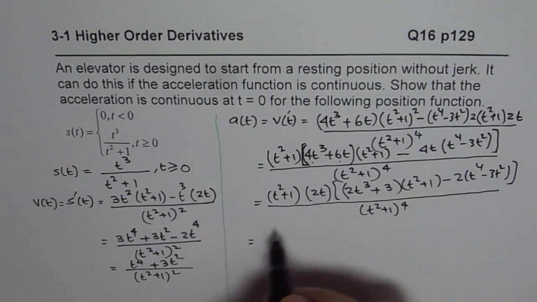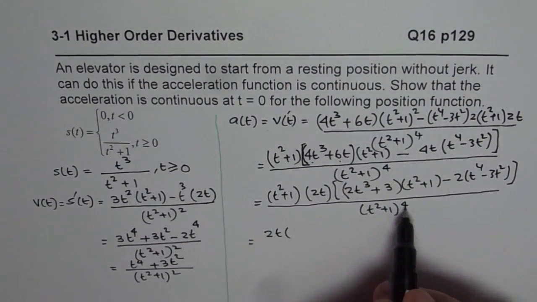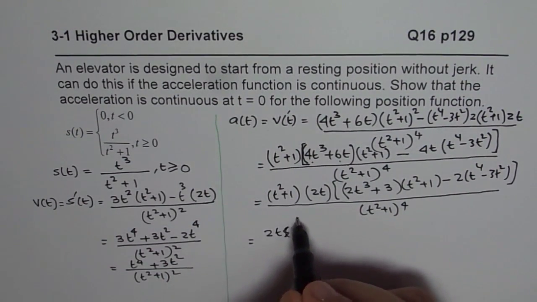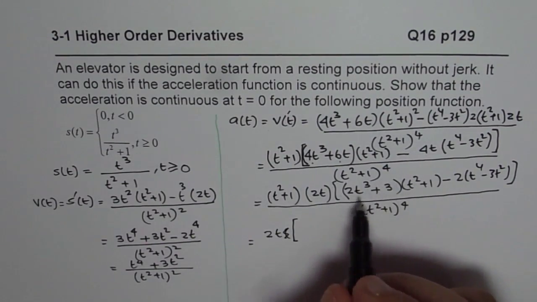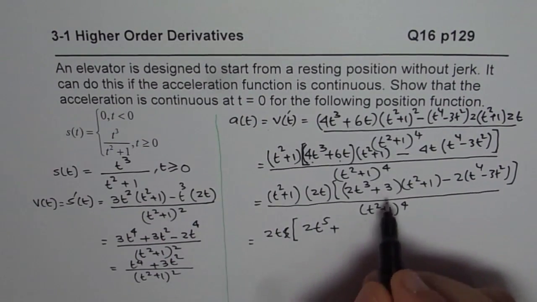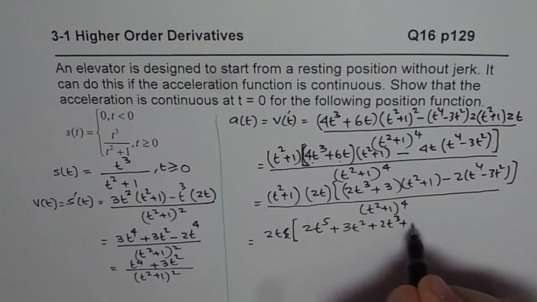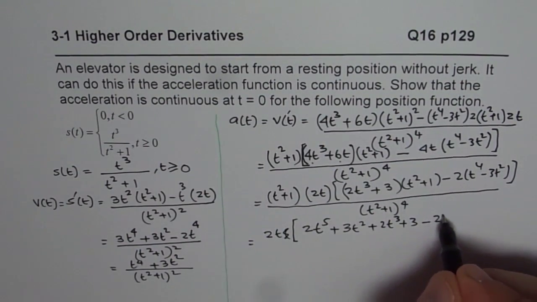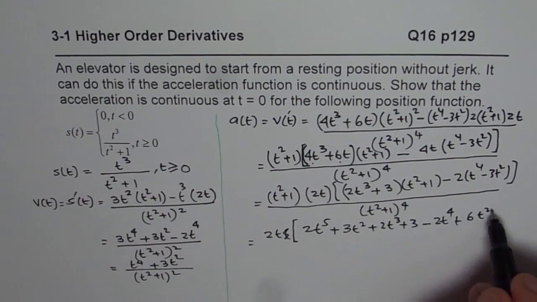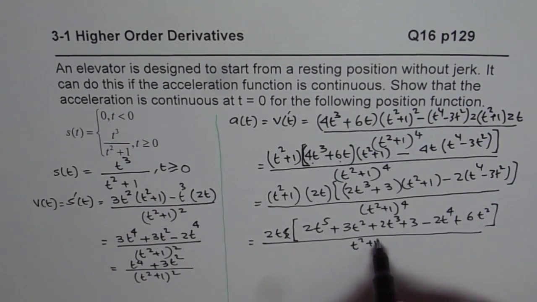Let's expand. We can cancel t squared plus 1 here, and we get a cube in this bracket. So we get 2t, and within brackets, expanding, we have 2t to the power of 5 plus 3t squared plus 2t cubed plus 3, minus 2t to the power of 4 minus 3t squared, which becomes plus 6t squared, divided by t squared plus 1 to the power of 4.